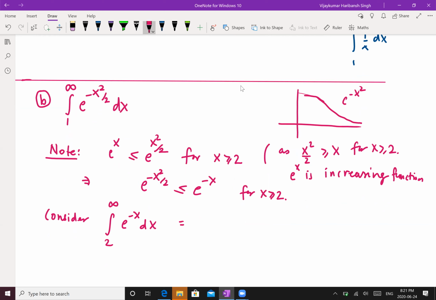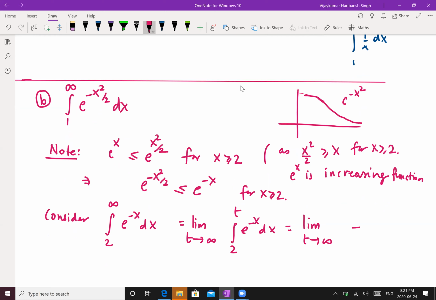So this is the limit as t goes to infinity of the integral from 2 to t of e to the power minus x dx. Now what is the integral of e to the power minus x? It is minus e to the power minus x.